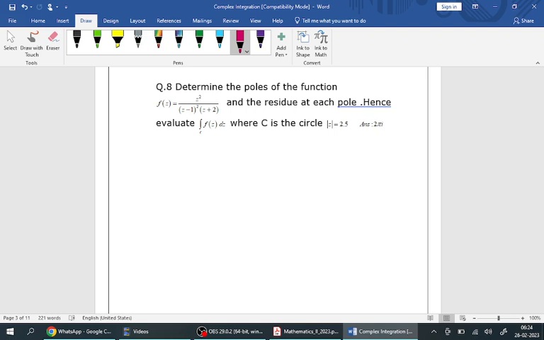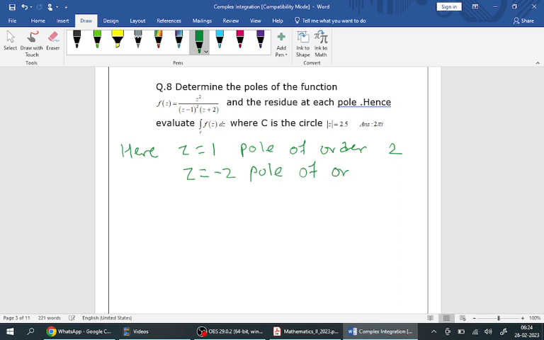Here z equal to 1 is a pole of order 2, and z equal to minus 2 is a pole of order 1, or we can say a simple pole.